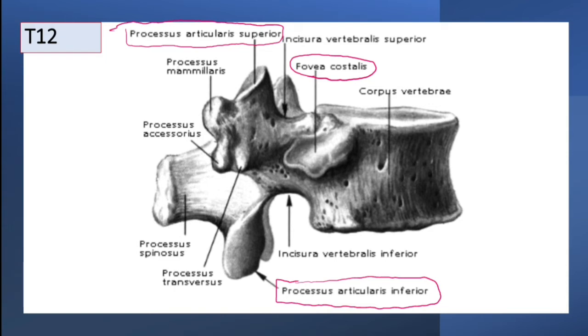It's only one, fovea costalis, because the 12th and last rib will articulate at this position, right? You can also see the additional processes which I talked about: the processus mammillaris, that's the mammillary process, and the processus accessorius, that's the accessory process.